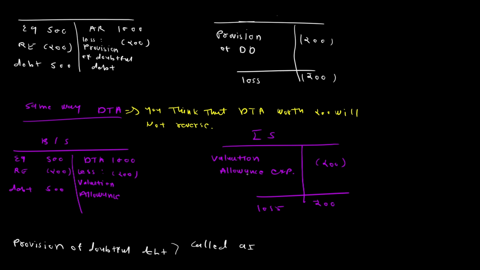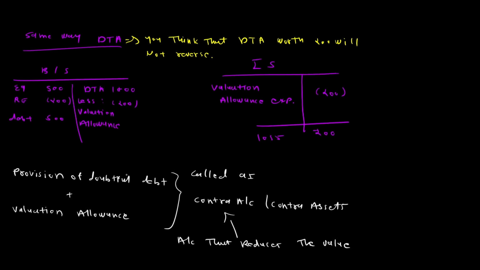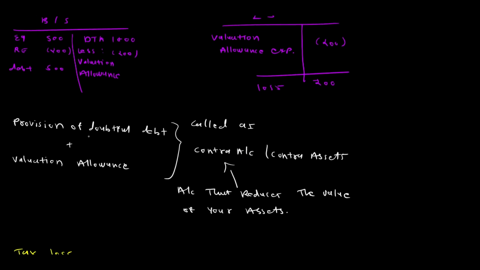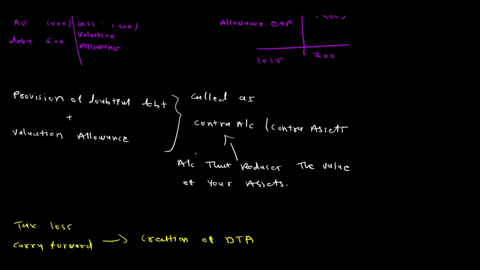You will reduce the equity, and DTA minus valuation allowance, you will reduce the DTA. So provision for doubtful debt plus valuation allowance are contra accounts, called contra assets. The account that reduces the value of your asset is shown as a contra account or contra asset.